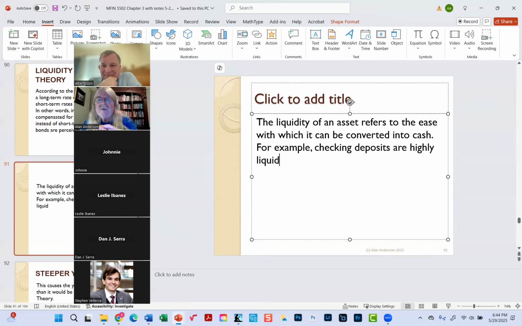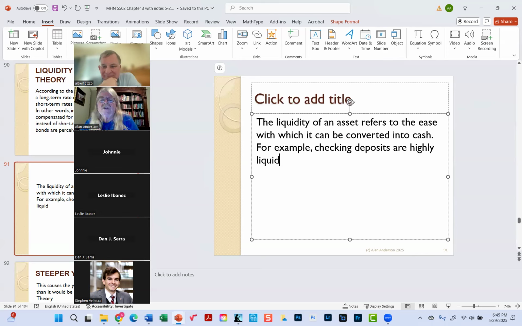Now, checking deposits: it used to be you just write a check and pay for things. You still technically can, but even if you can't, it's easy to get cash from your checking deposit. You write a check, go to the ATM, whatever.